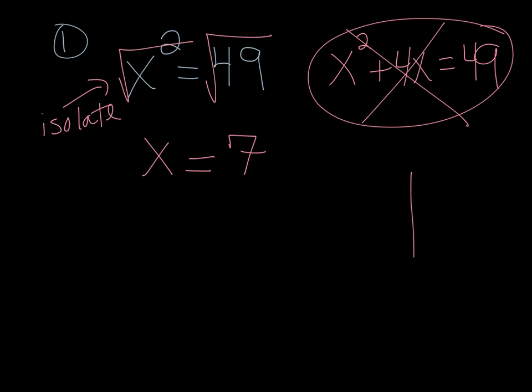But if you remember, when we graphed a parabola, there were two potential spots where our graph could cross the x-axis, right? So whenever you're solving a quadratic function, you would hope to get two answers.